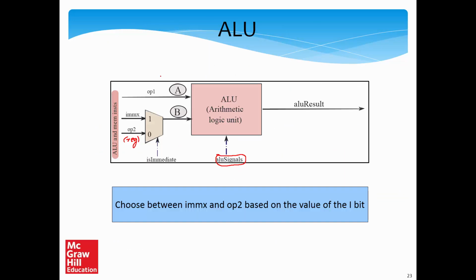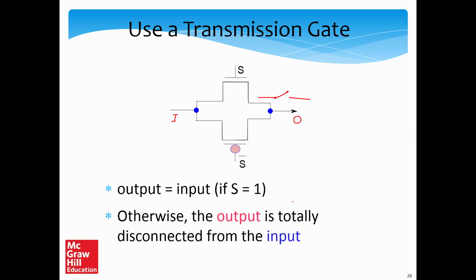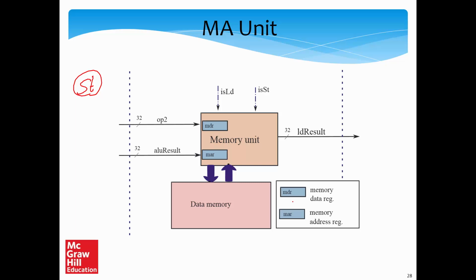Actually, let's go back to the point where the register that contains the value to be stored is the RD field in the instruction, bits 23 to 26. If the instruction is a store, then this value will flow to the register file, and the output will be OP2. So OP2 contains the value that needs to be stored. This is the store value, and the memory address is there in the ALU result field.